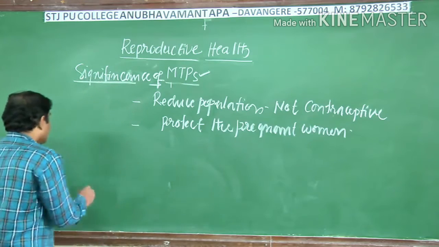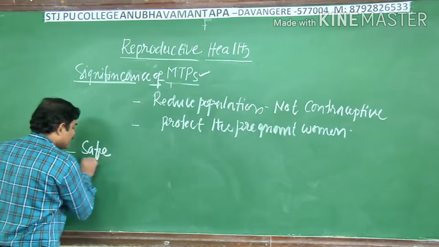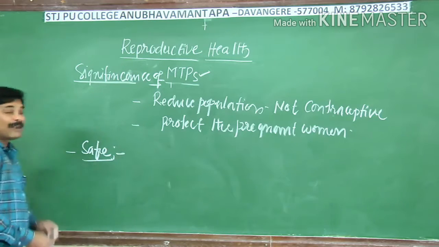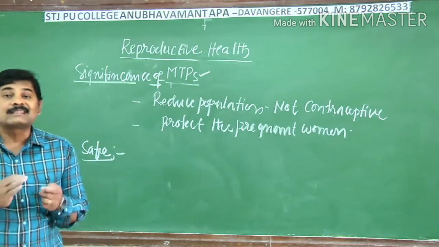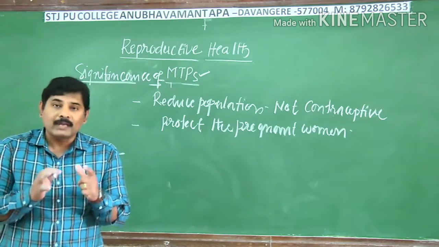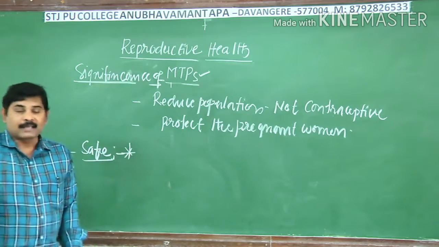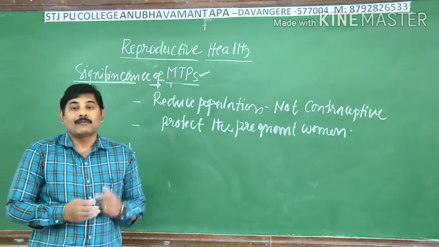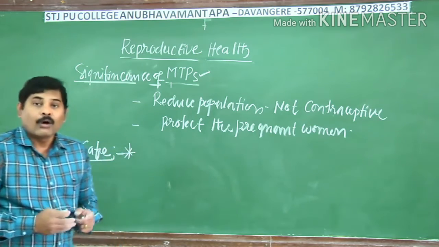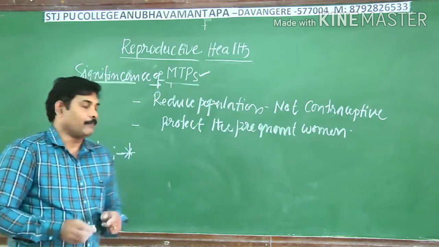And thereafter, as I said, when is it safe to perform these MTPs? At which time of the pregnancy is it safe for the woman? Here is a very important point. Even this will be asked in the medical entrance examination. On or before 12 weeks, the first 12 weeks of the pregnancy, or the first trimester, is the safe period for performing these MTPs.